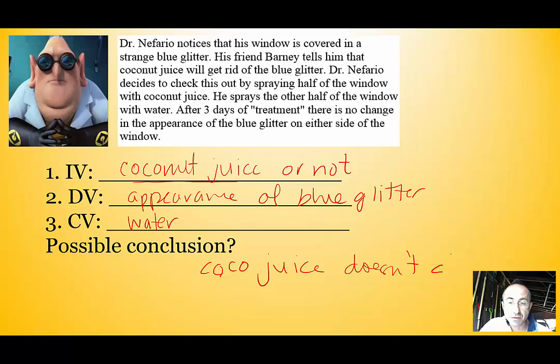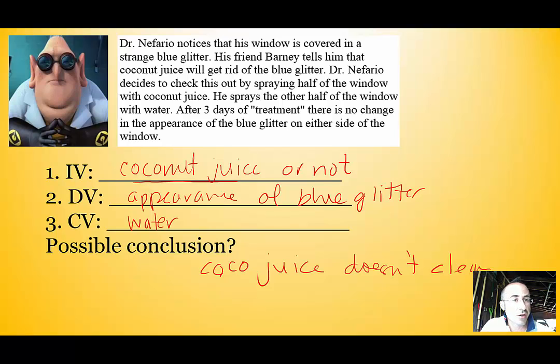Doesn't clean. And that his friend Barney was kind of wrong about his assumption on the coconut juice clearing the blue glitter. So then you could go off, as we talked about yesterday in the scientific method, and run another observation, another question, and possibly study something else on this, okay?